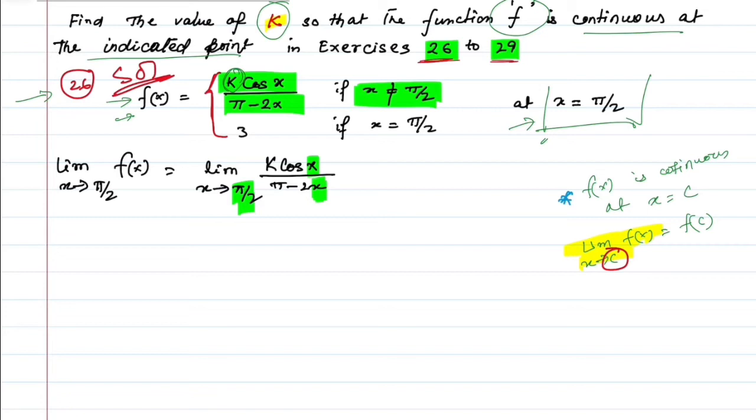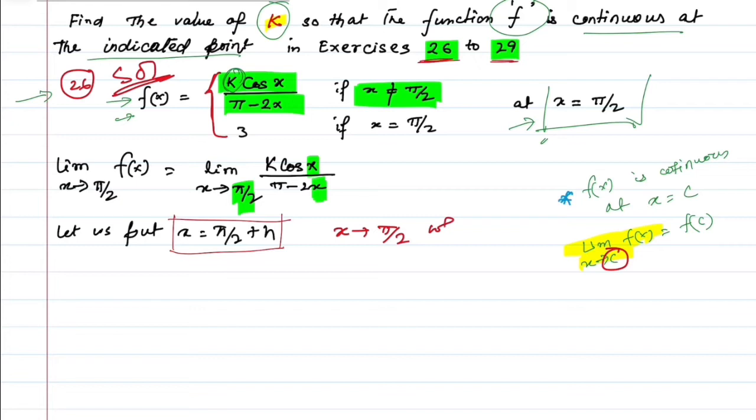So, let us put x is equal to pi by 2 plus h. Then x tends to pi by 2 when h tends to 0. That means, if h becomes 0, then x will be equal to pi by 2.